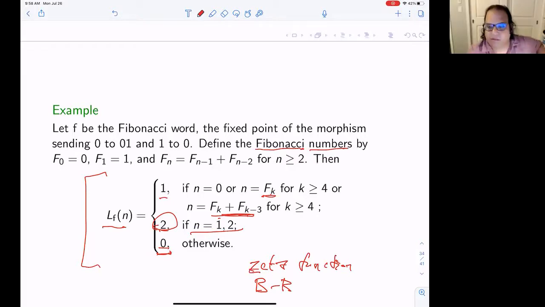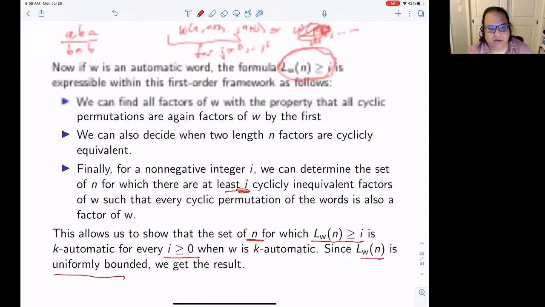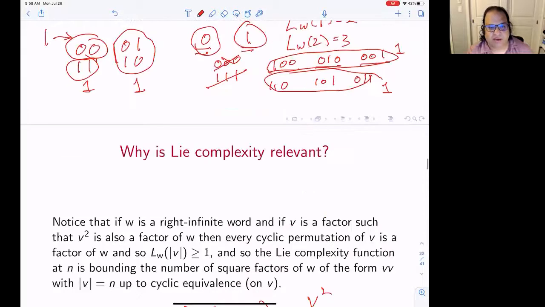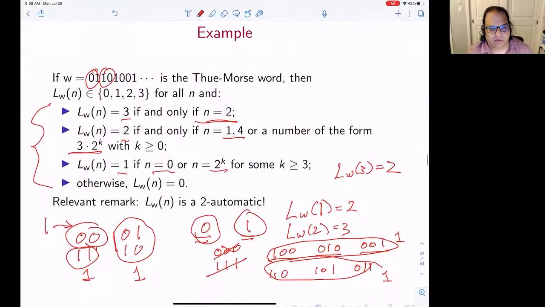Maybe I'll ask one thing before we go. It makes sense to me where you got those sporadic positive values for the Thue-Morse word, because the squares in the Thue-Morse sequence have lengths that are precisely powers of 2 and 3 times powers of 2.